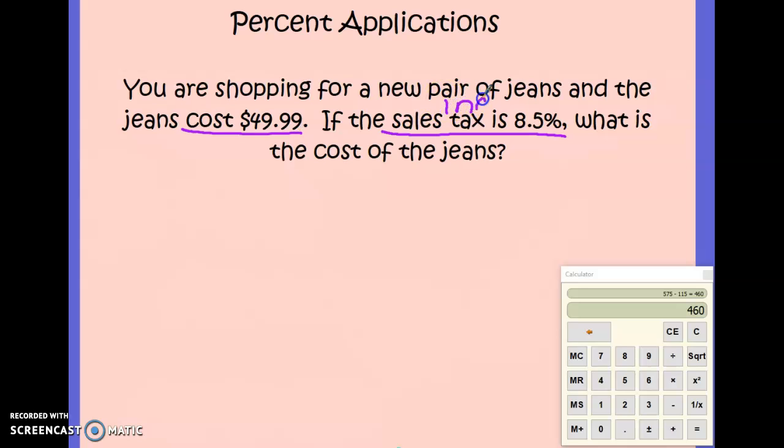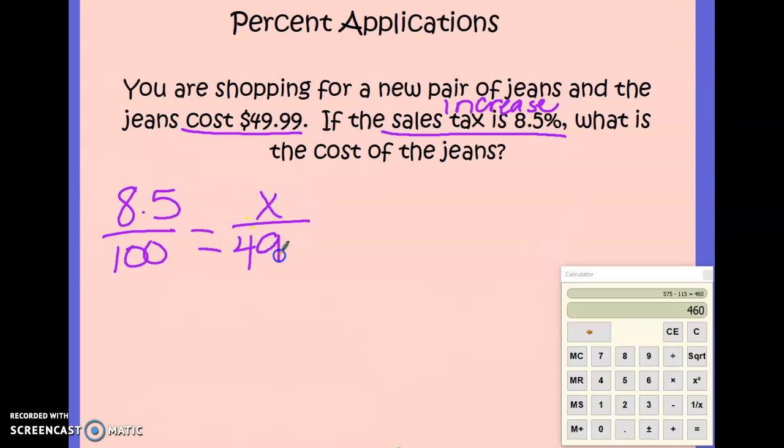I'm going to mark it as an increase. Okay, so I'm going to set this one up the same way I just did. 8.5 out of 100, which is x over $49.99. Okay, and then I'm going to cross multiply.